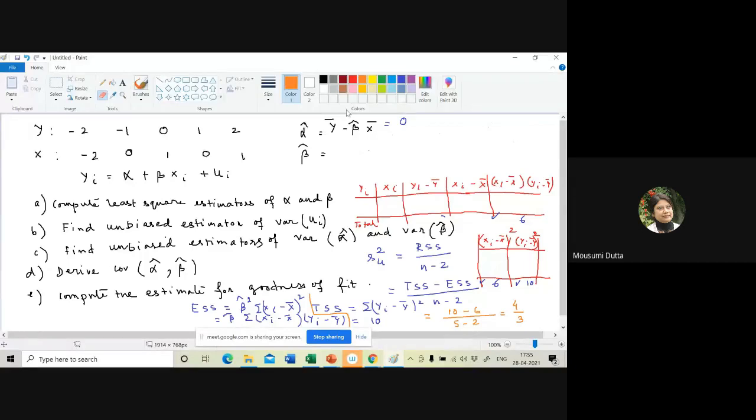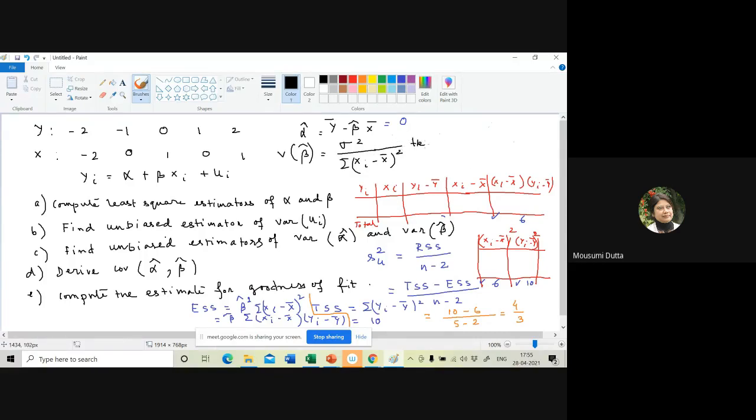Okay, so let me write. I am answering for part C. Variance of beta hat in general is given by sigma square divided by summation xi minus x bar whole square.